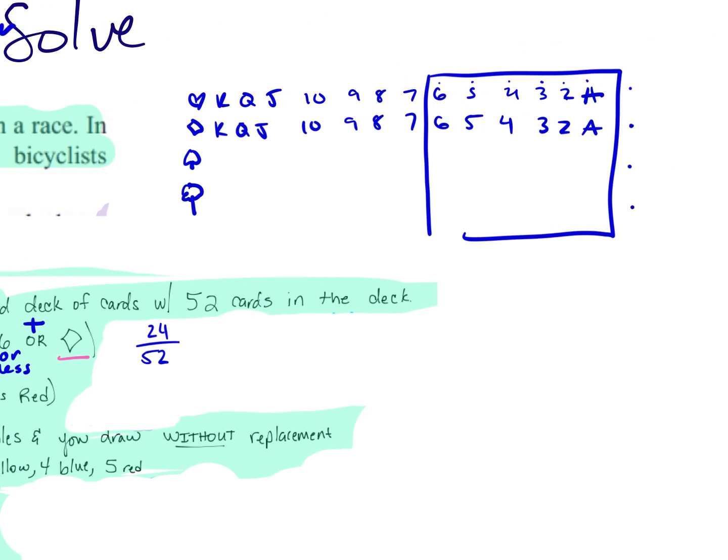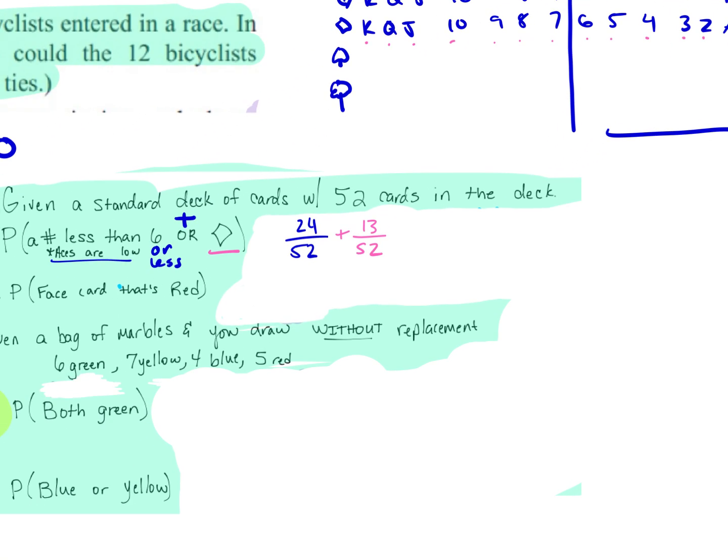Then we want to see how many diamonds do we have. We want to count all of our diamonds. 1, 2, 3, 4, 5, 6, 7, 8, 9, 10, 11, 12, 13. We also knew that we had 13 because we can just divide our total amount of cards by 4. But we have 13 over 52. Then we have to make sure we subtract the overlap, because the cards that are less than 6 and that are diamonds are being counted twice.